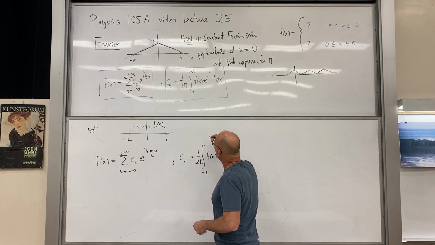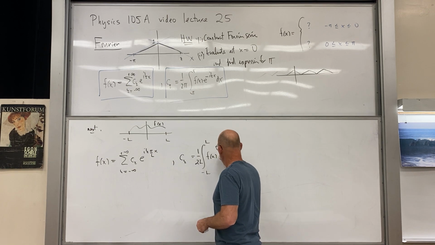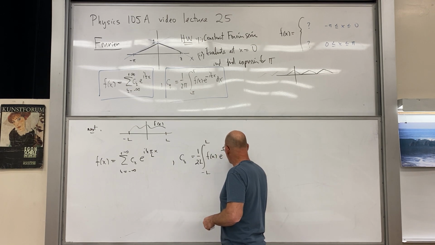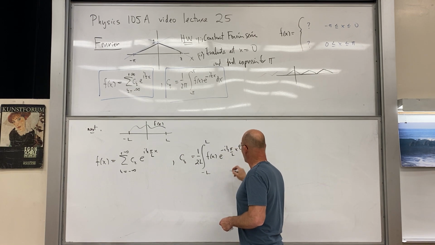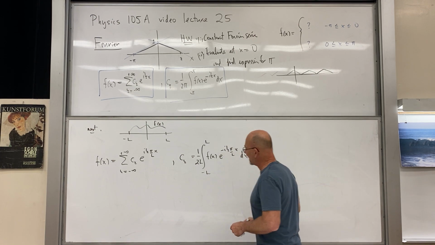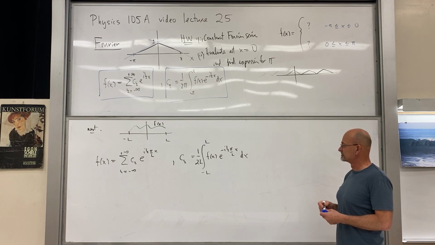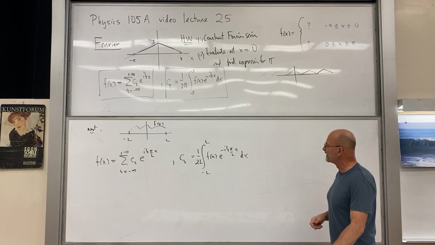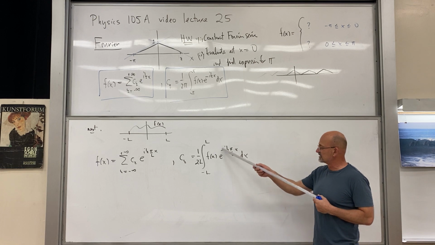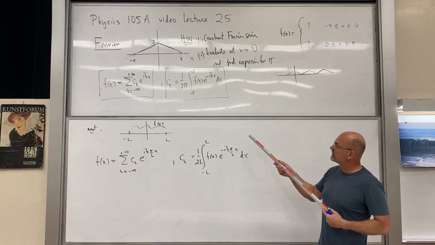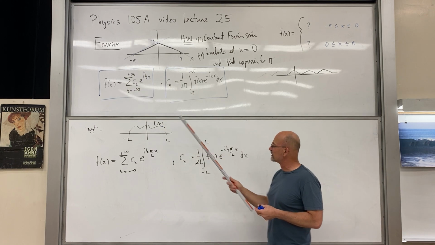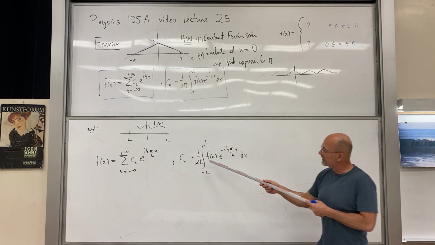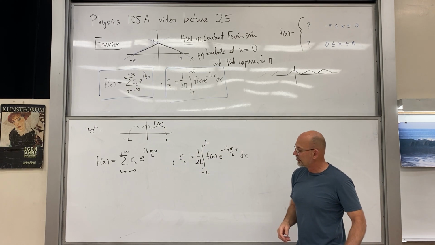Minus L to L, e to the minus i k, same thing, pi over L x dx. So that just adds another little complication. And for all our theoretical discussions, we're just going to use these because they're the simplest. But that's all it takes to go from minus L to L.